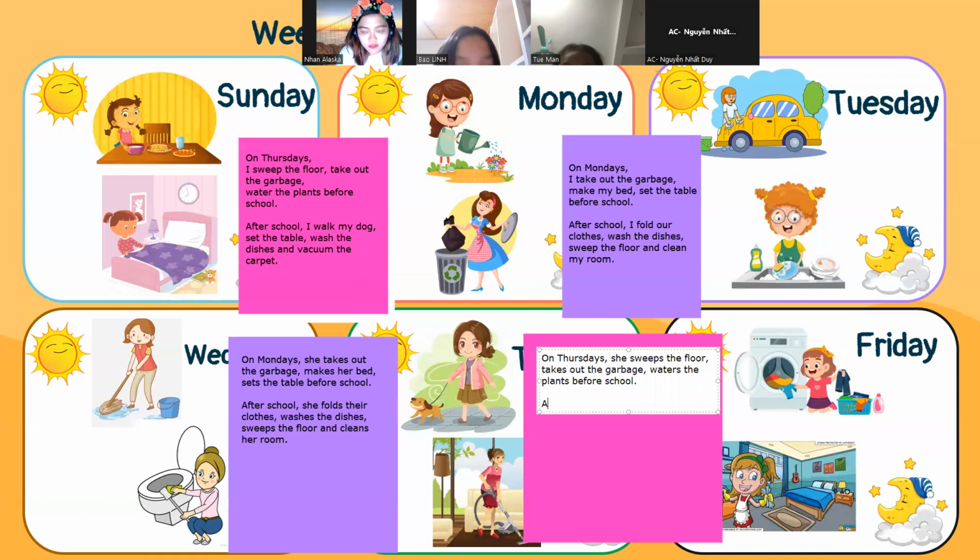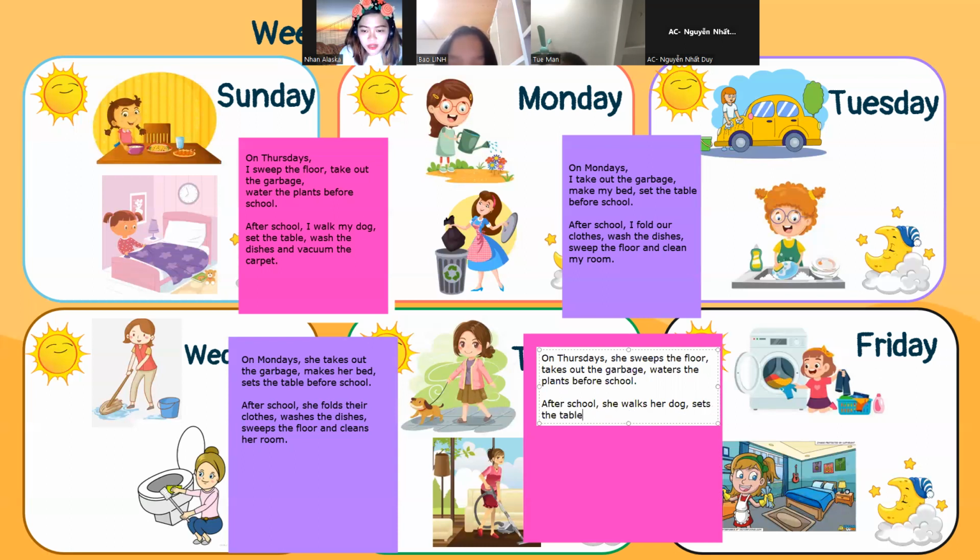How about after school? After school, she walks her dog. Sets the table.